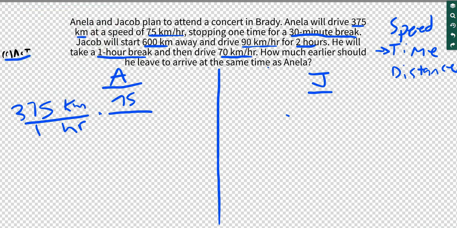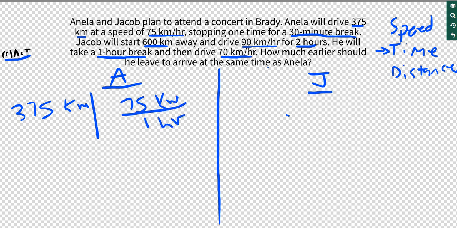I'll just undo. Okay, so we're not doing a fraction for that. That's something separate. I got mixed up. Okay, so 75 kilometers per 1 hour.